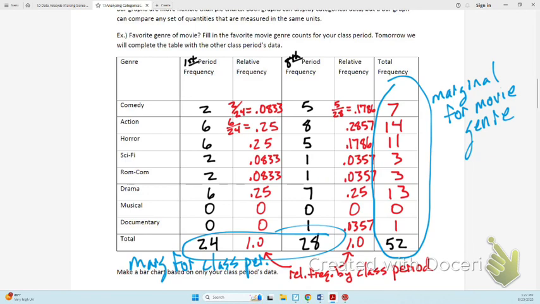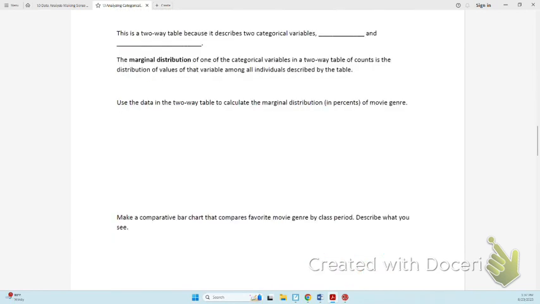All right. So when we look at that table, we have two variables because there's two marginal distributions. There is movie genre and class period. So when it asks for the marginal distribution for movie genre, I'm just going to be very clear and I'm going to write all the categories down.